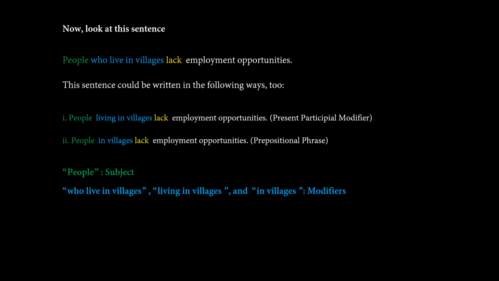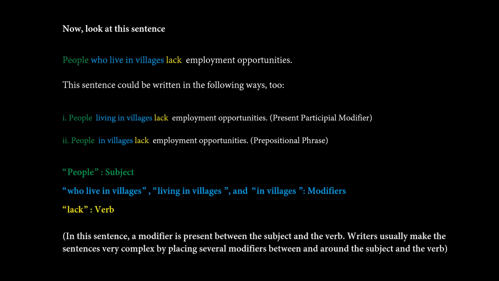Living in villages is a present participial modifier. In villages is a prepositional phrase. Thus, in the example above, the subject is people and the expressions who live in villages, living in villages, and in villages are modifiers.